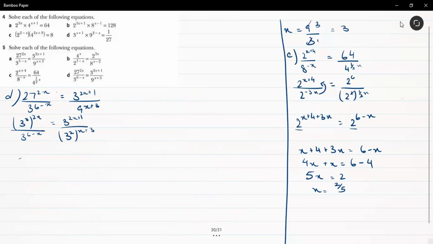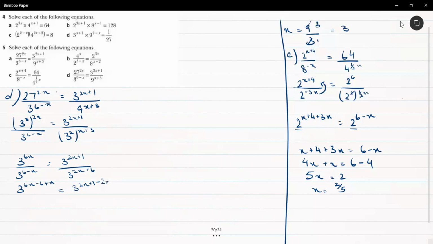Now simplify this further. 3 raised to the power 6x divided by 3 raised to the power 6 minus x is equal to 3 raised to the power 2x plus 1 divided by 3 raised to the power 2x plus 6. Now we are going to get 3 raised to the power 6x minus 6 plus x is equal to 3 raised to the power 2x plus 1 minus 2x minus 6.